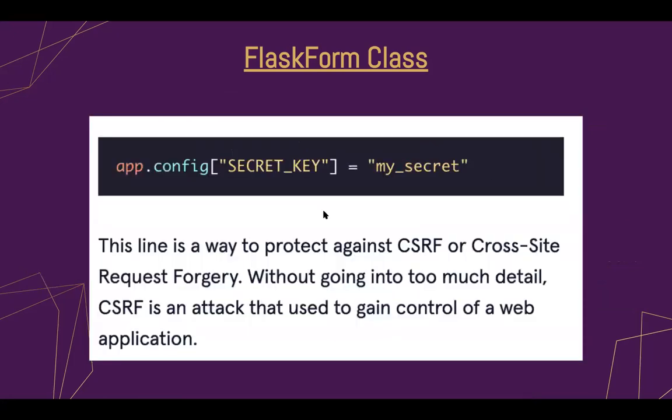Cool. Okay. Now about the security thing. We have something called CSRF, or cross-site request forgery. It's the most common type of attack that we have for web apps specifically.